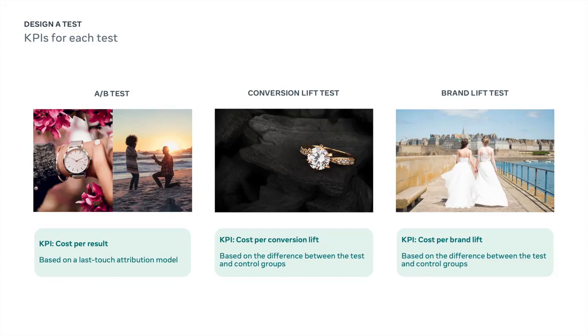A brand lift test measures lift by brand outcomes. For example, ad recall, awareness, or favorability. The KPI for a brand lift test is the cost per brand lift based on conversion difference between test and control group.